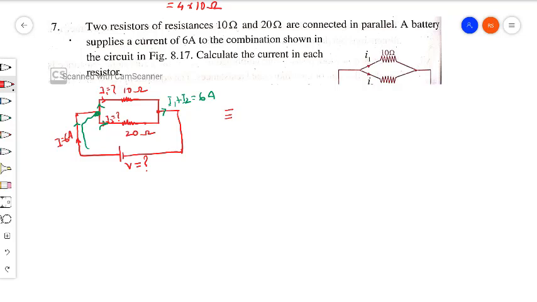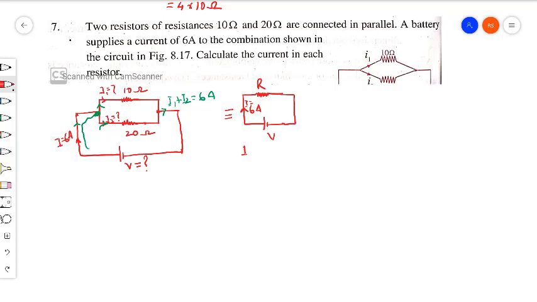Now see, the resistance is the parallel combination of 10 ohms and 20 ohms. Suppose R is the equivalent resistance.